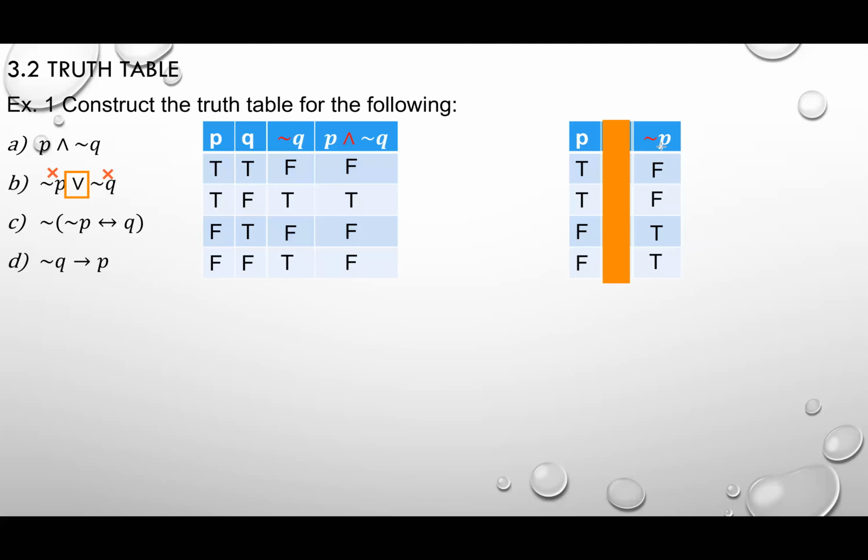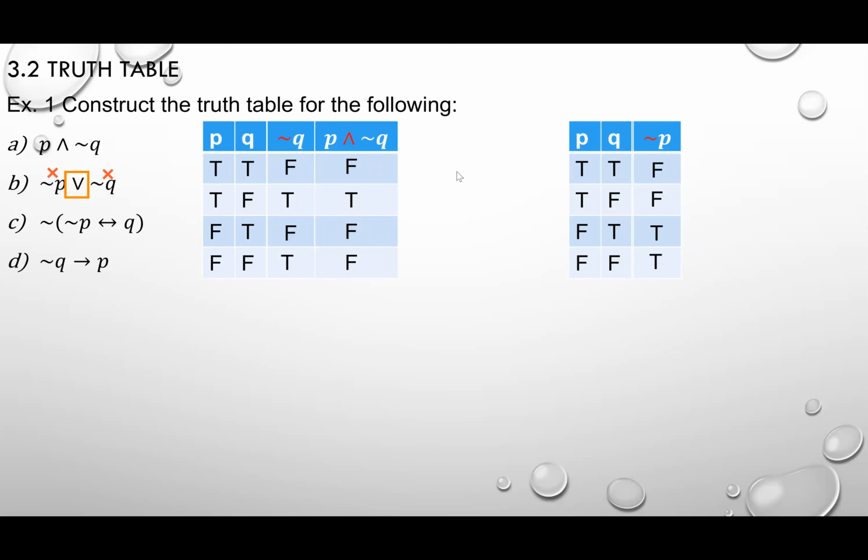I'm looking for the negation of P. The negation tells me whatever P is, give me the opposite: if it's true, the opposite is false; if it's false, the opposite is true. And that's what the negation is. Look at one column and give me the opposite in value.